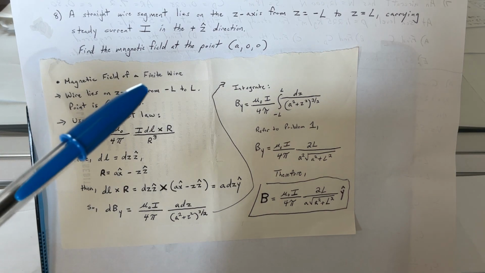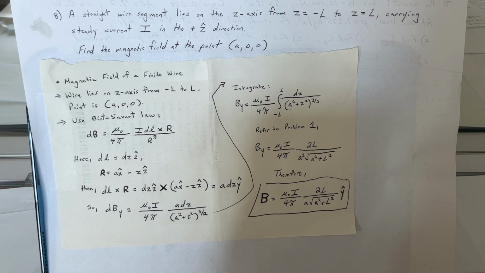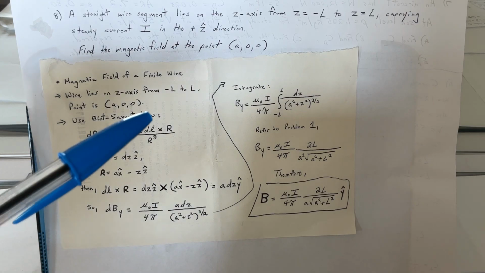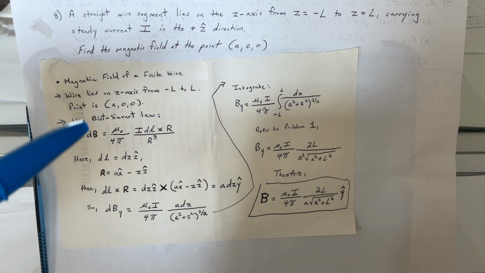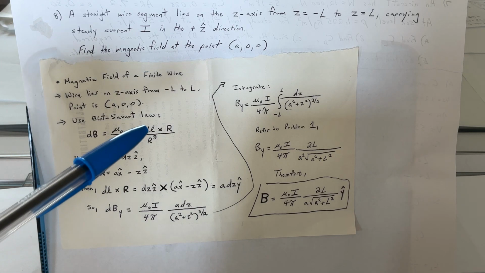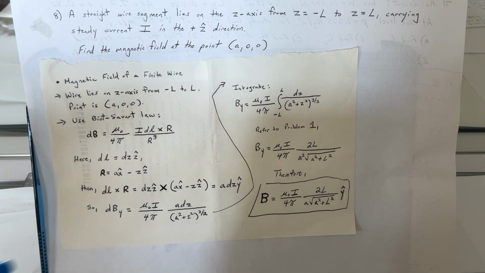So magnetic field of a finite wire. The wire lies on the z-axis from negative L to L. The point is A, 0, 0. We use the Biot-Savart law. So dB is mu naught over 4 pi times I, dl cross capital R over R cubed.